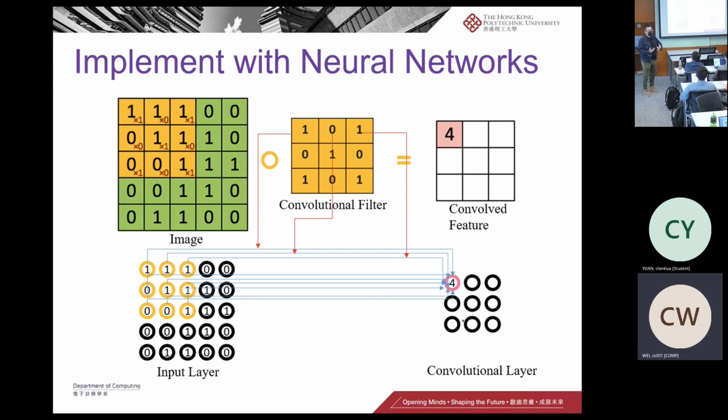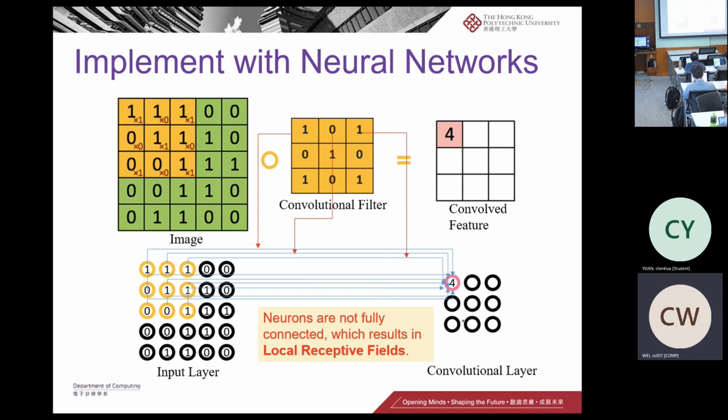What's the best edge detection or the other filtering weights that fit best for your classification problem? It can figure it out by itself. So that's the fancy part of neural networks. Okay.